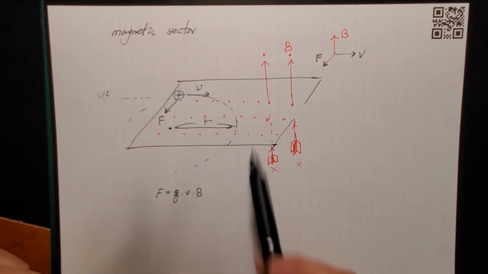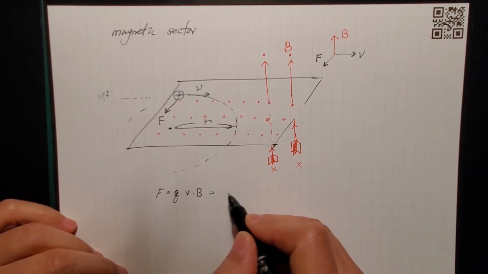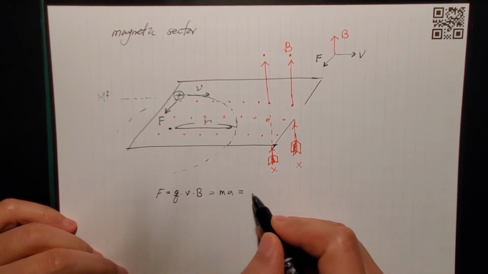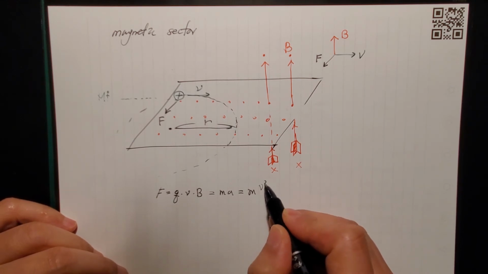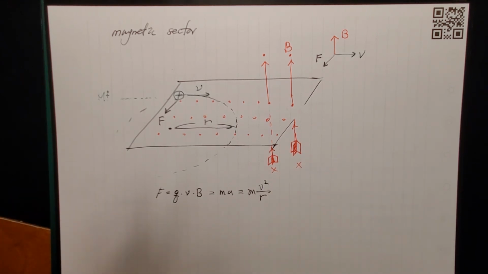Then when the object makes a circular motion, the acceleration is this at this velocity. Therefore, we can rewrite the formula this way.